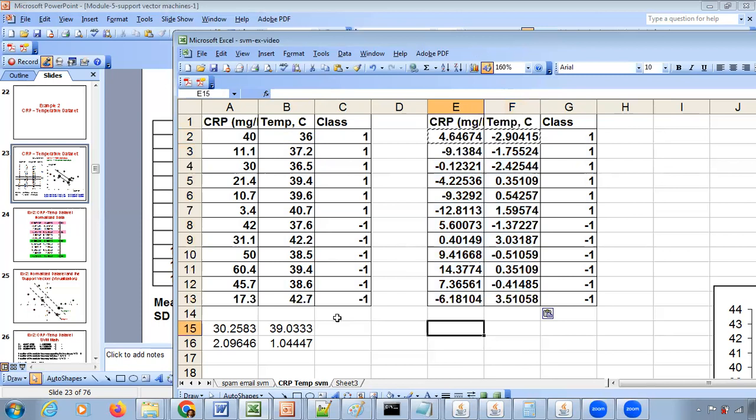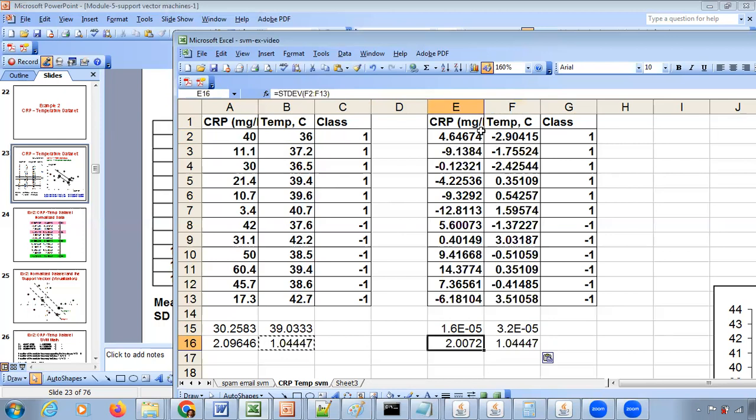So if you want to check whether the math that you did so far is correct, find the mean of the cells in each feature. We can use the same formula because it's the same range of cells. Same thing for standard deviation. Let's see. Oh, F2 to F13.